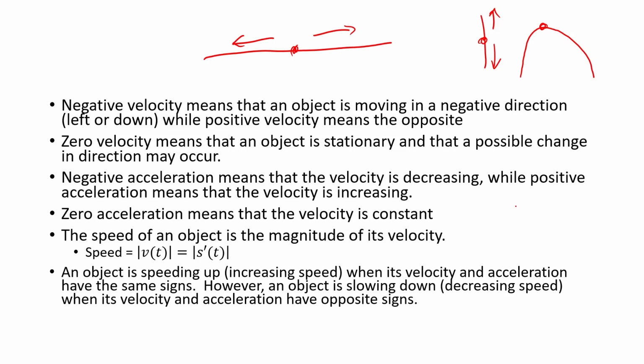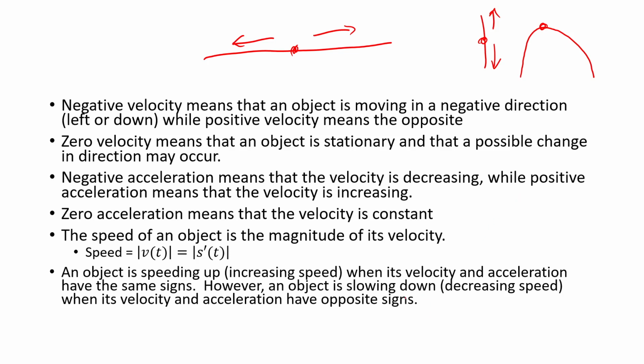But we can also say that if velocity and acceleration are both negative, we're speeding up in reverse, so to speak. The velocity is increasing in magnitude while still being negative. So the magnitude of its velocity is increasing, so we say that it's speeding up if the velocity and acceleration are both negative.